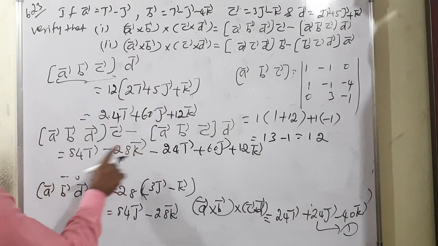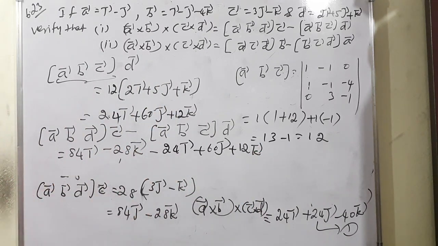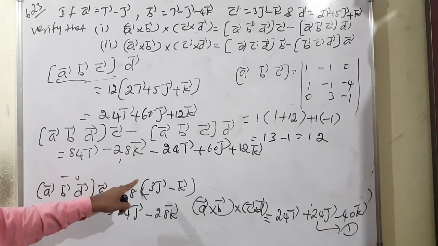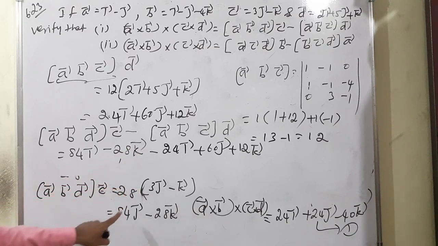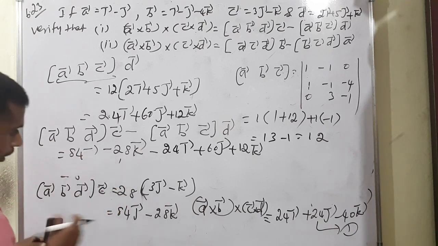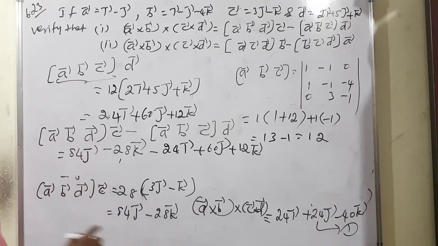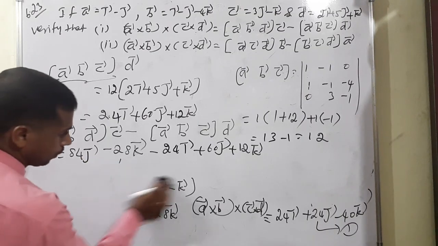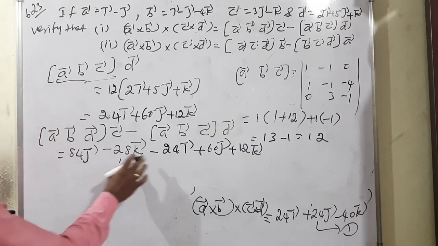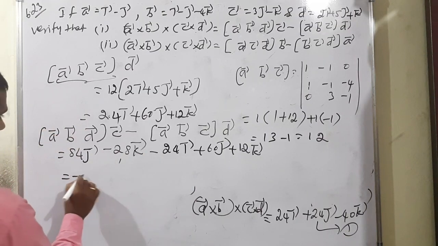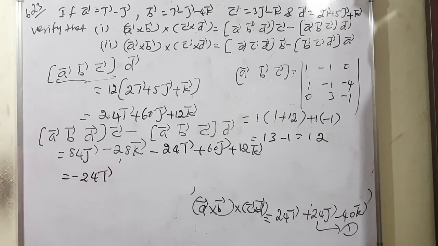So 84j only, same, no? This is a minus term, means actually now 84j. Look at there, dear, 84j minus 28k. Now we can simplify. For the i vector there is nothing, therefore we can write minus 24i vector.